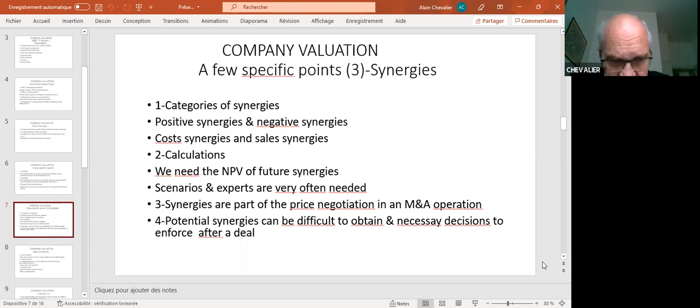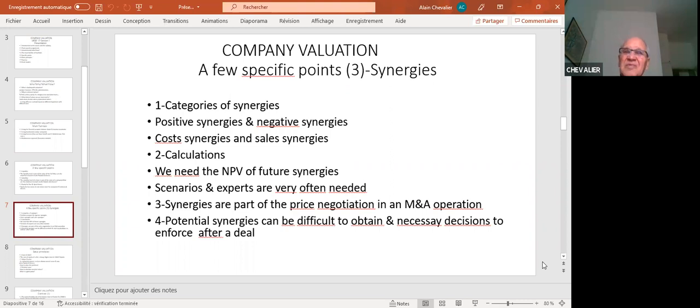This also means that synergies are part of a price negotiation in any M&A operation. Synergies are what could be negotiated. You calculate the value of company A and company B, and very often we are not so far from agreeing between the seller and the buyer.